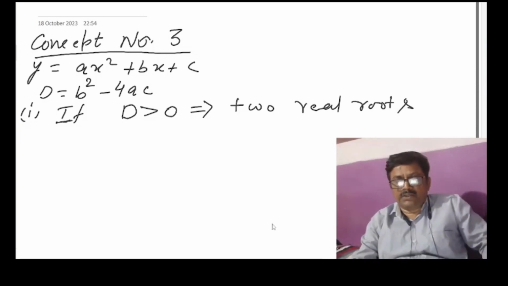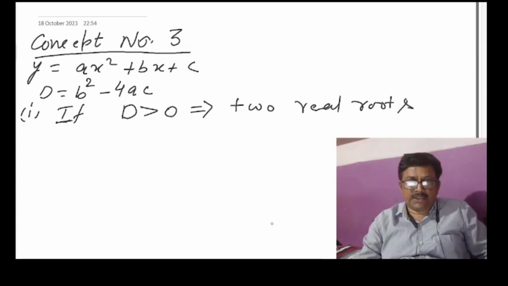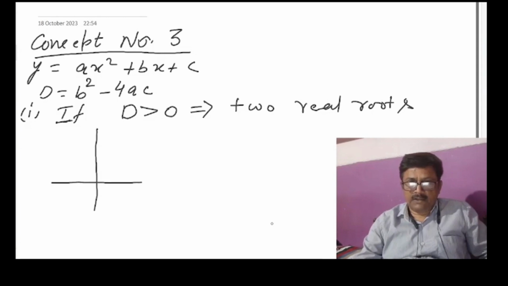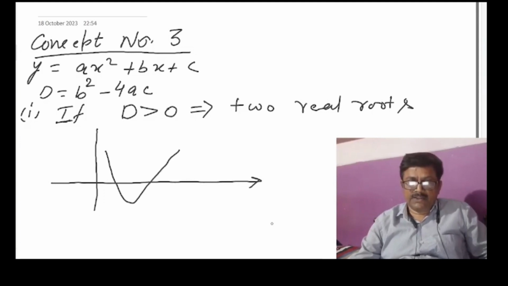There are two real roots, and we have discussed this just a few moments before. If there are two real roots, it means for two values of x, y will be 0. So the graph will cut the x-axis at 2 points.